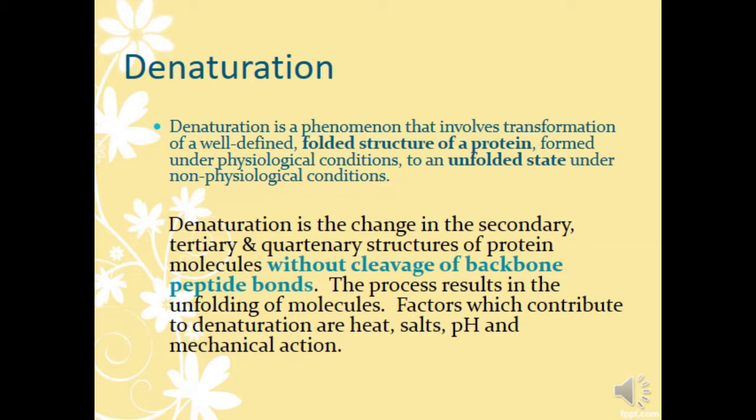When it becomes unfolded, it becomes tertiary and secondary. But the initial backbone does not break apart. So that's what is meant by denaturation. Now, what are the factors that contribute to the denaturation of proteins? The factors are heat, salt, pH, and also mechanical action.